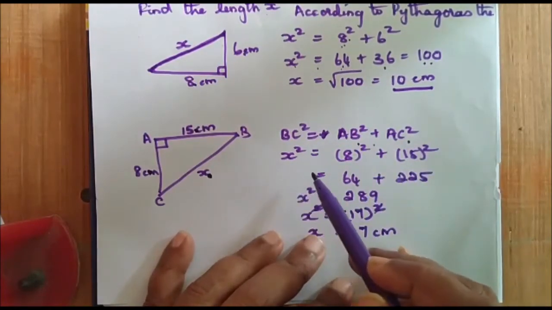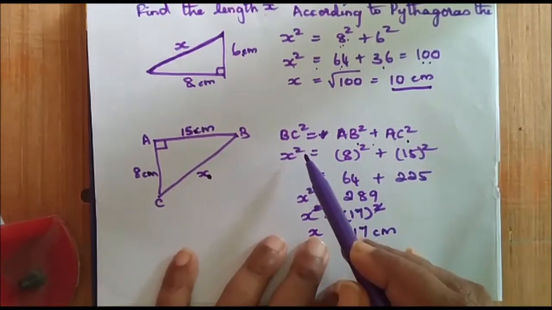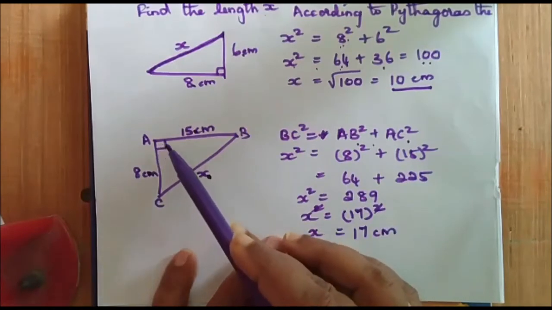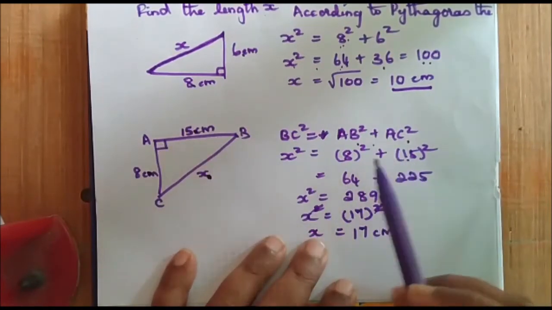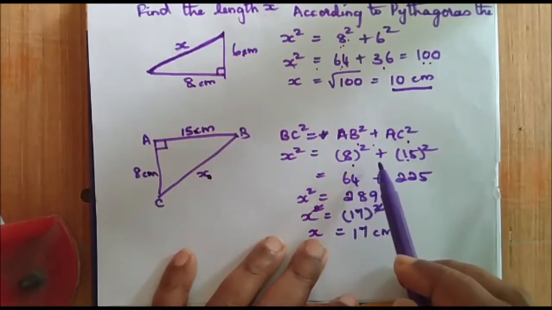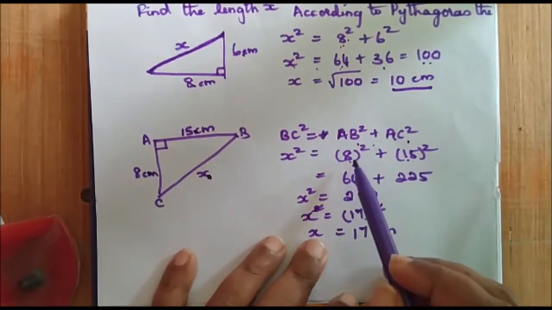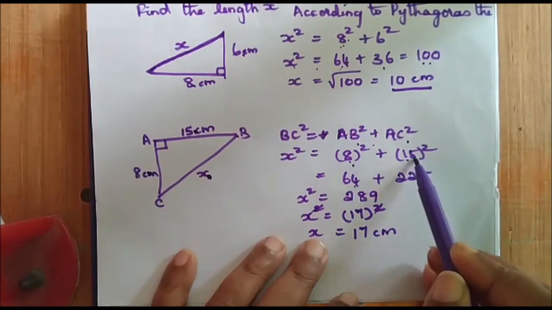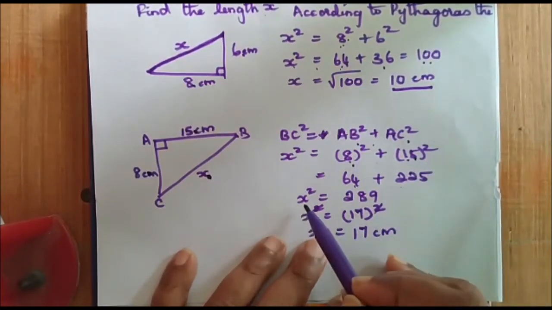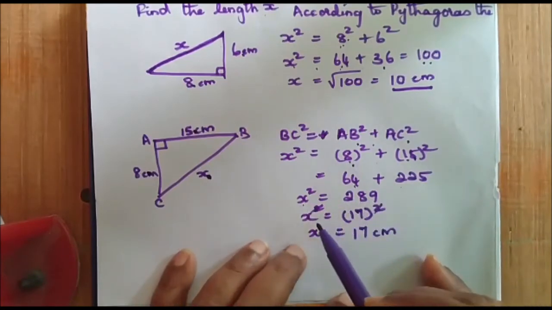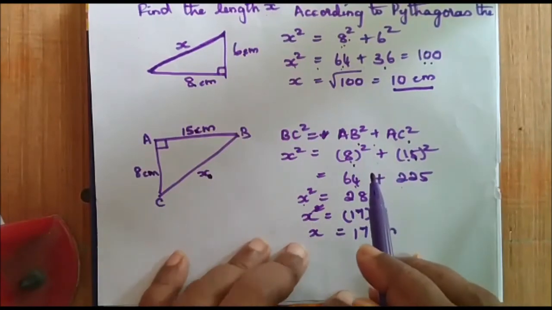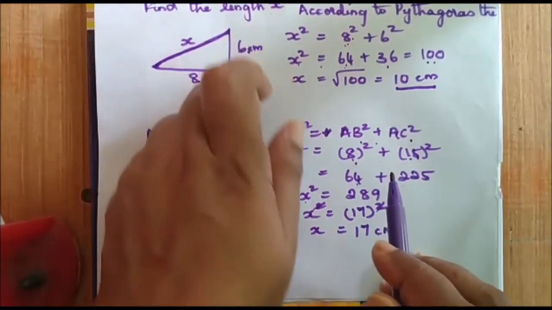So x squared is equal to 15 squared plus 8 squared. What is 8 squared? It is 64. 15 squared is 225. You can calculate and see. X squared is equal to 289. Then x is equal to 17, because the square of 17 is 289.